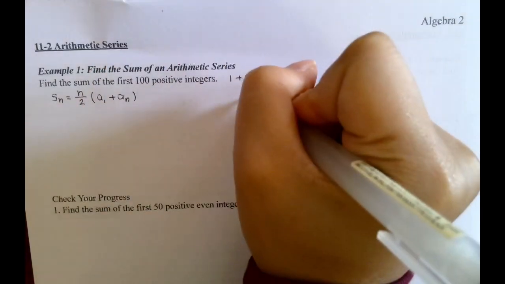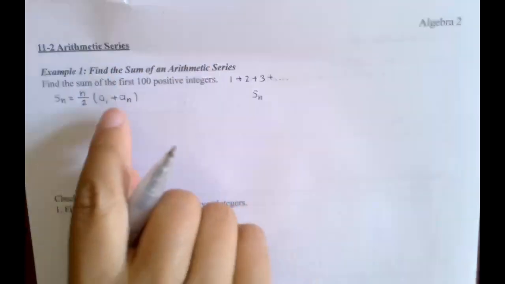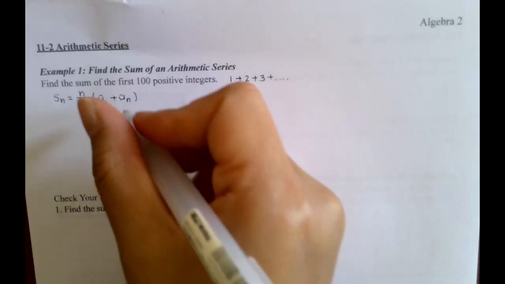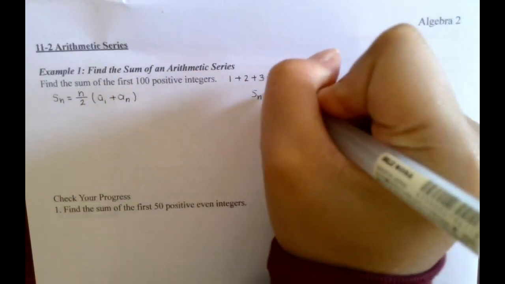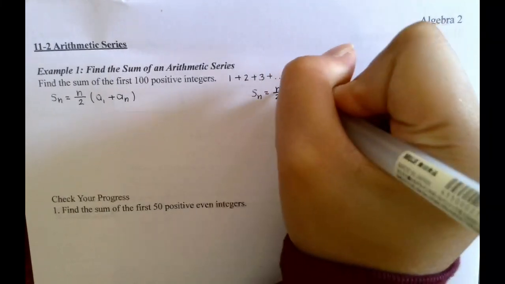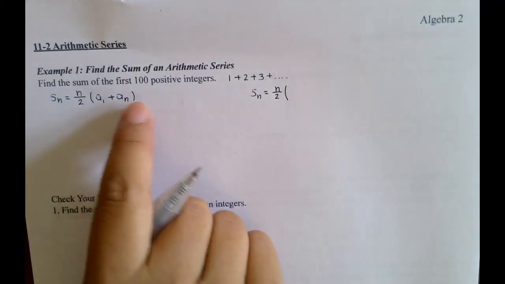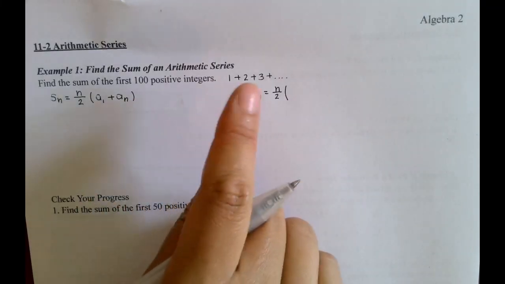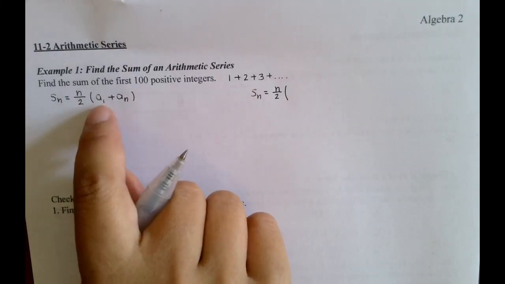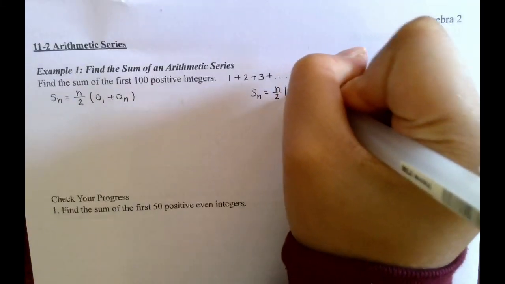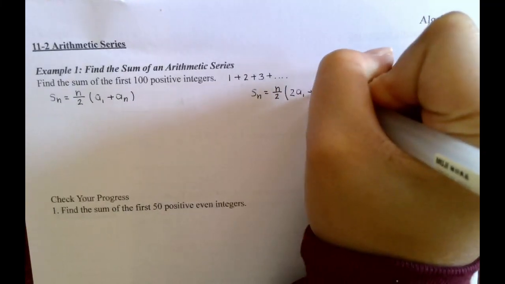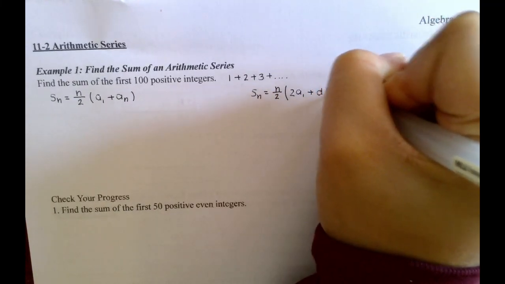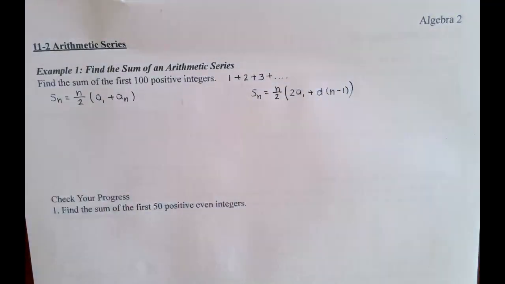Or you can use the other formula, which rewrites a sub n. Because a sub n is a sub 1 plus d times n minus 1, the a sub 1 and this a sub 1 become 2 a sub 1 plus d times n minus 1, and you'll see that we get the same thing.